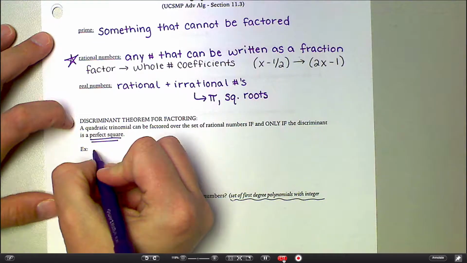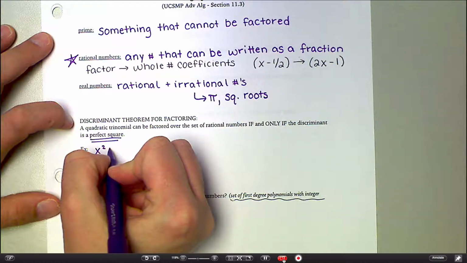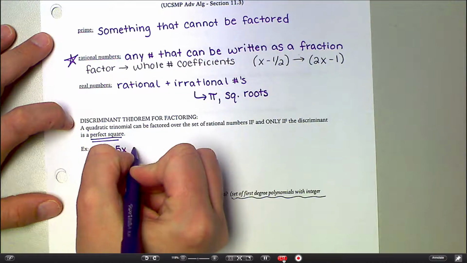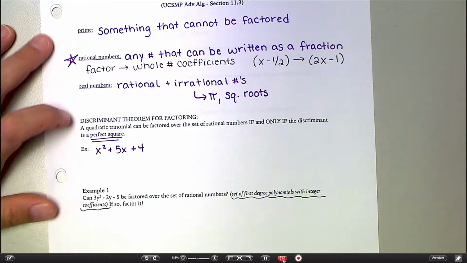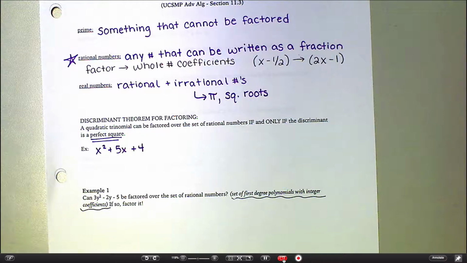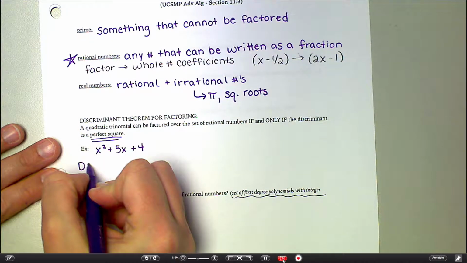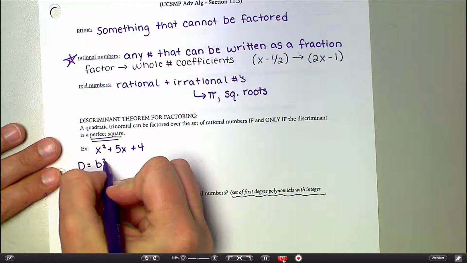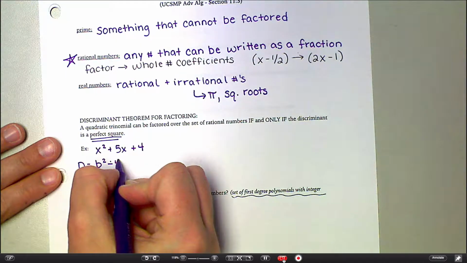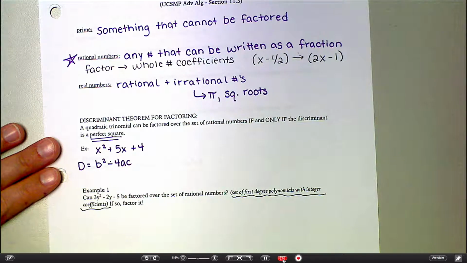If I give you the trinomial x squared plus 5x plus 4, and let's say you are just spinning your wheels on this one and you cannot figure out a way to factor it, okay? Hopefully you're not, but I wanted to start with an easy one. What you can do is find the discriminant, and the discriminant, if you don't remember from chapter 6, is b squared minus 4ac.